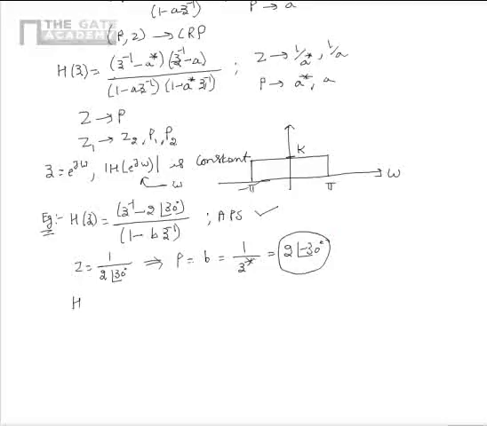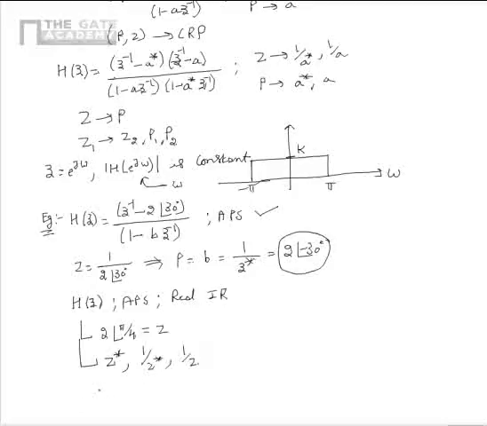Now let us consider another example in which it is given that there is an all pass system whose impulse response is real. It is given that in case of this all pass system, there is a zero located at 2 phase pi by 4. We need to find the location of the other zeros and poles. So we know that in case of an all pass system, if the impulse response is real, there is a zero located at z star and there are poles located at 1 by z star and 1 by z.